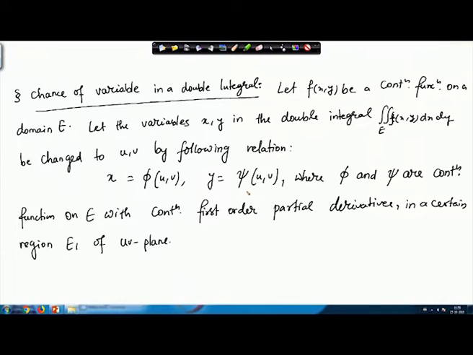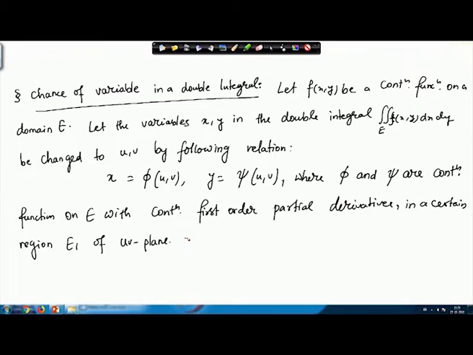Of course, the region might be different, and that is why we are saying that phi and psi are continuous, and they have continuous partial derivatives in a certain region E1, because they are now in the uv plane.